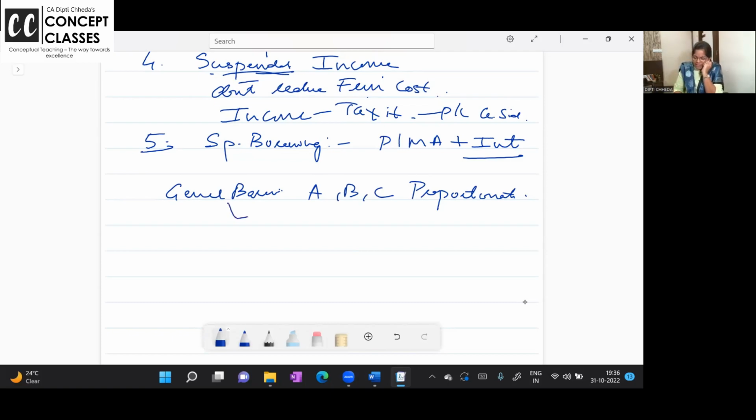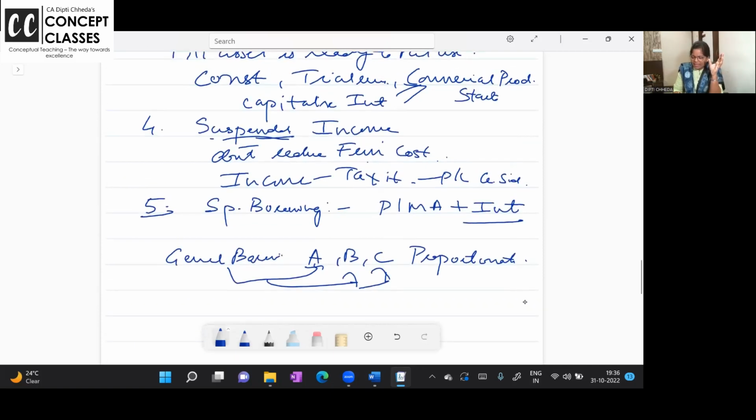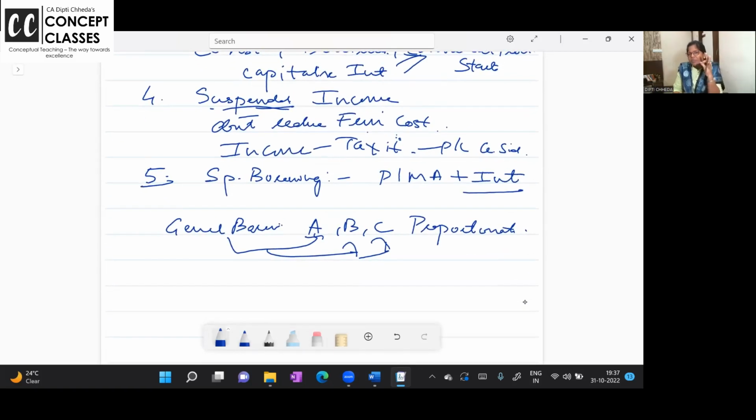Problems related to proportionate capitalization you will solve in FR, in Ind AS, in accounting standards. In income tax, this is of use: no suspension. If you have got income credit, keep on capitalizing. Specific borrowing, add interest in that asset. General borrowing, add it proportionately. Okay?